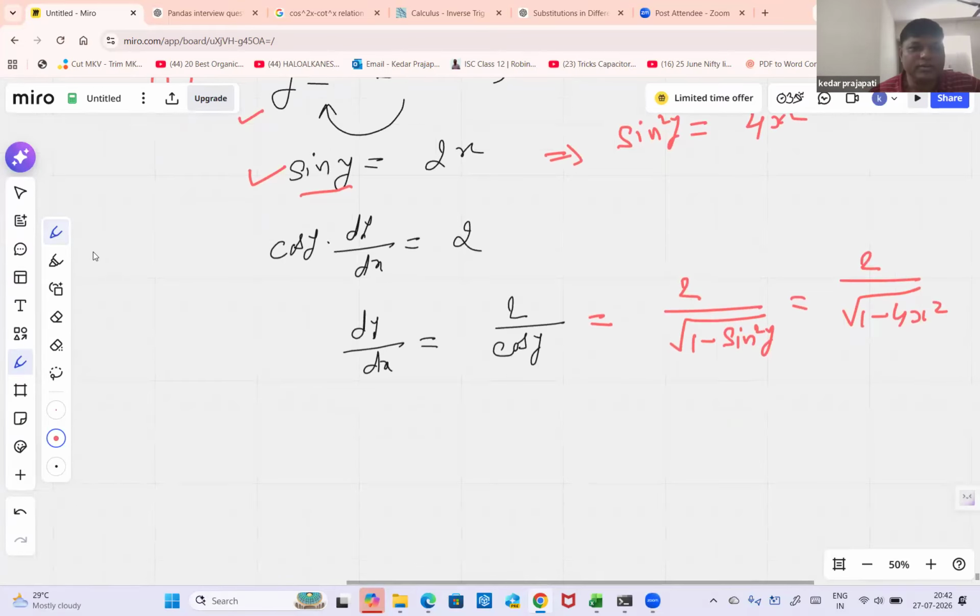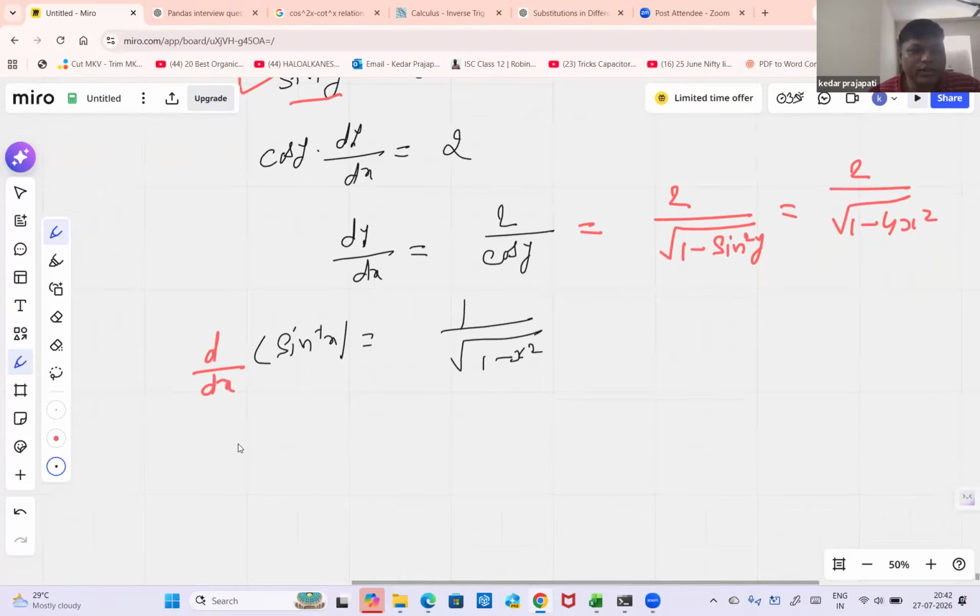Directly also we could have done it. You can apply the chain rule. d by dx of sine inverse x is 1 by root of 1 minus x square.